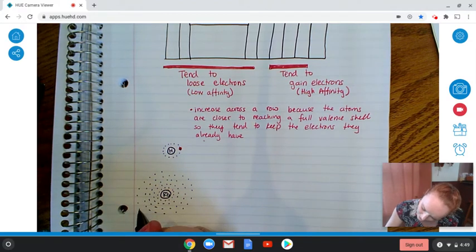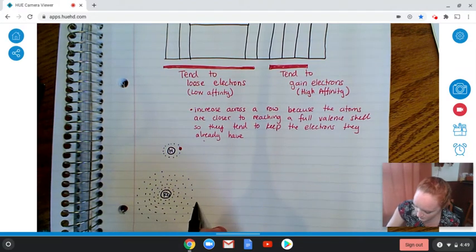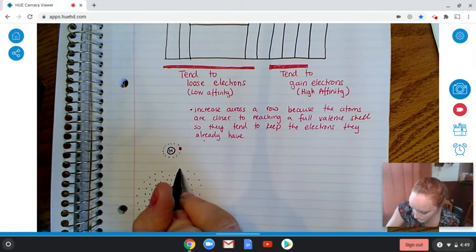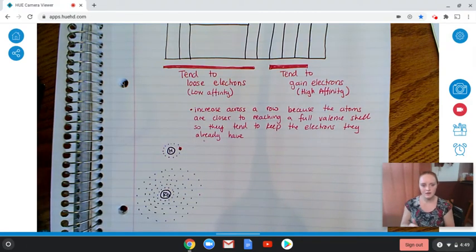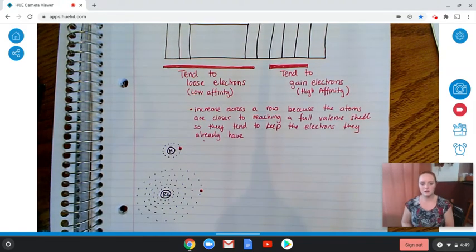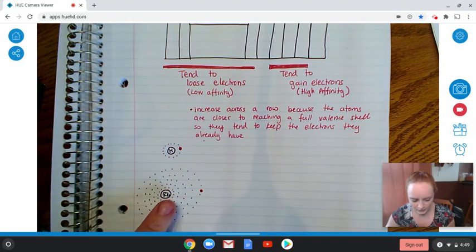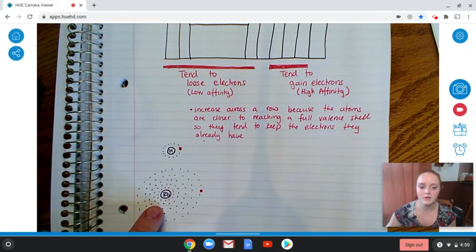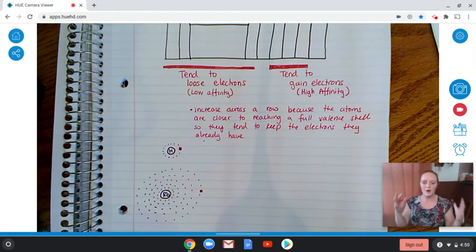Here we go. Rubidium has 5 electron rings. Its valence electron is clear out here in ring 5. I'm not going to draw them because they would look dizzy, but there are 36 other electrons floating around inside those other 4 electron rings.